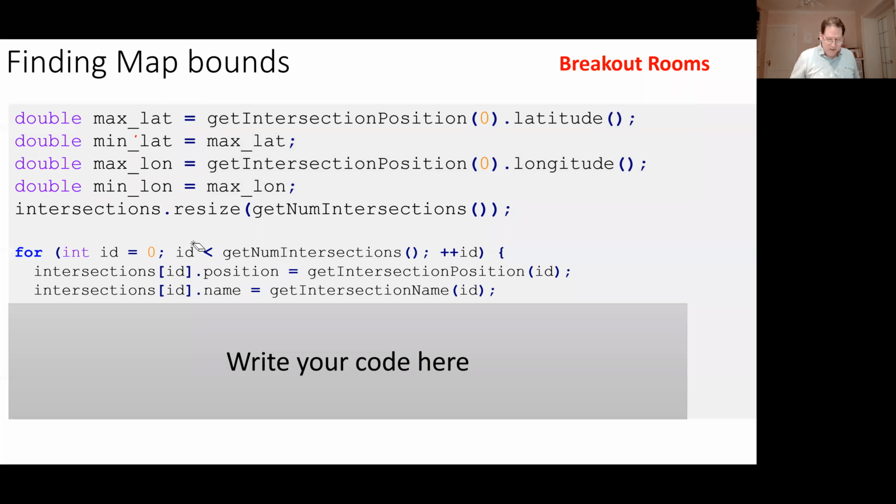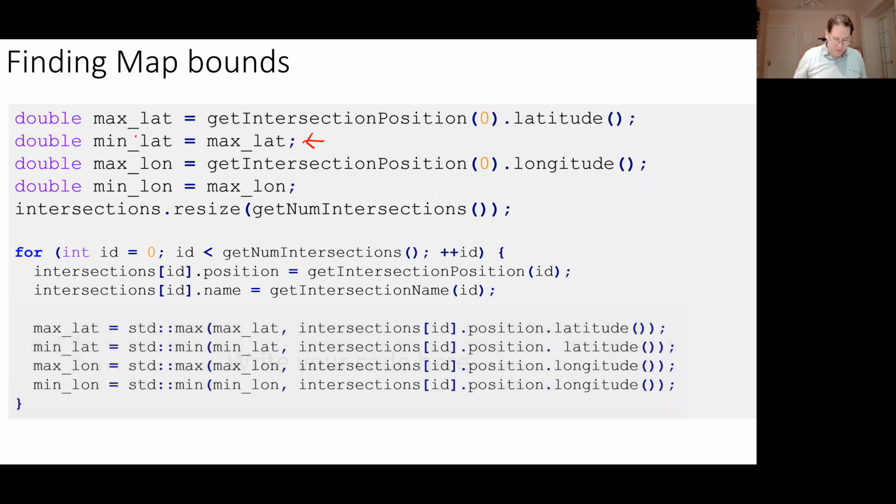So what does the code look like? You just told me. We set our maximum latitude and minimum latitude equal to the latitude of the first point, and then go through every intersection. Technically, I could start at 1 if I wanted, so I don't have to do 0, but it's fine, it just wastes a tiny amount of work.